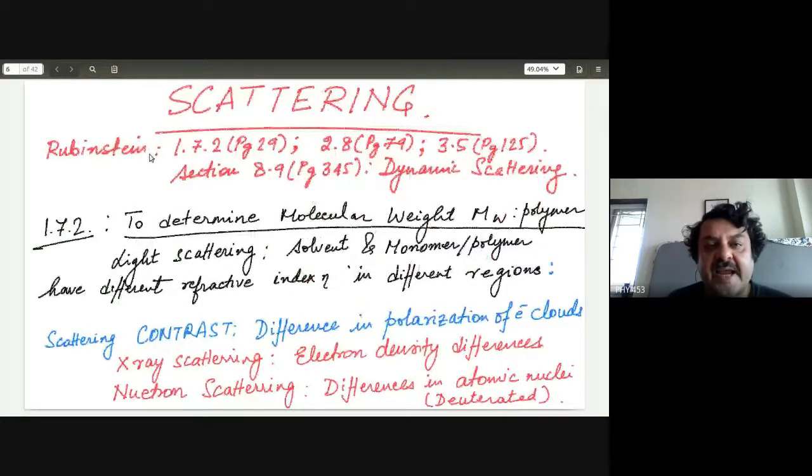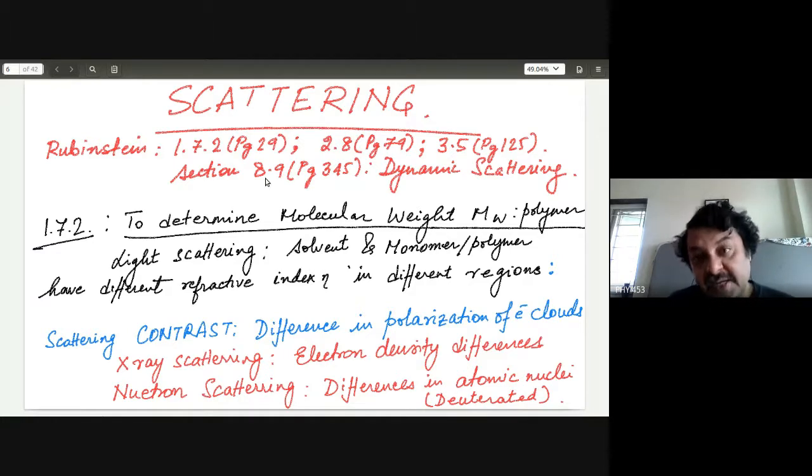Okay, so talking about scattering, scattering has been described in Rubinstein in multiple sections, in the first chapter, the second chapter, the third chapter, and also when you're talking about dynamics, in chapter 8.9. Using scattering, we can figure out a lot of things.